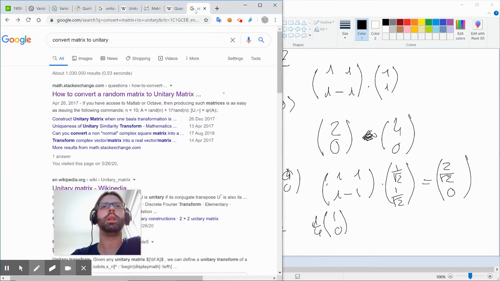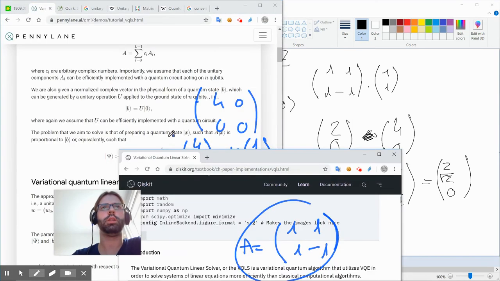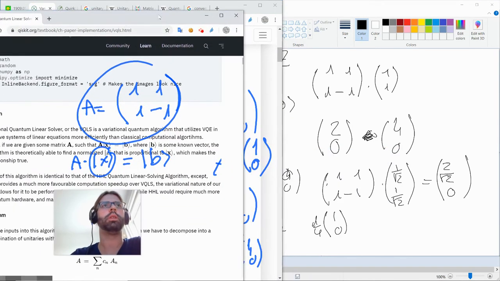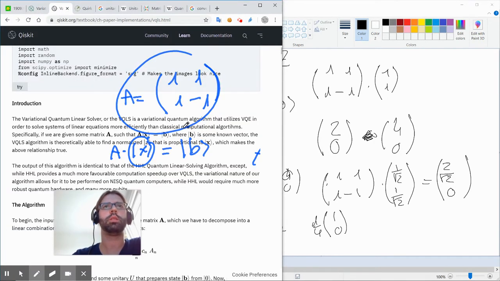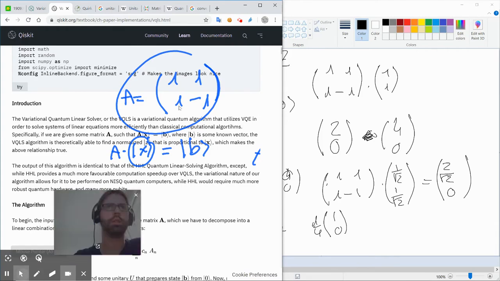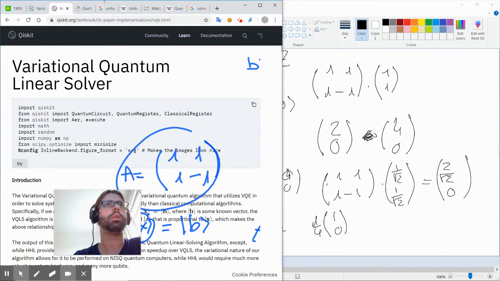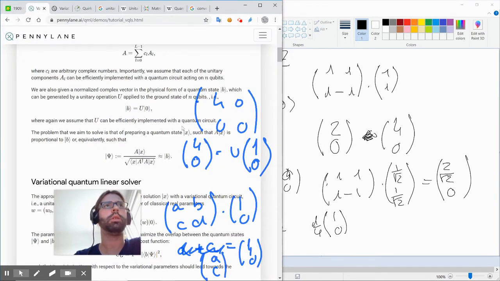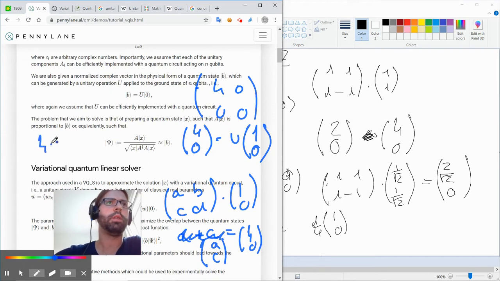Okay, so it could be done with an S gate. Taking notes of these here. So this could be done with, truth be told, a Z gate, like 4 times a Z gate would work as well, right?